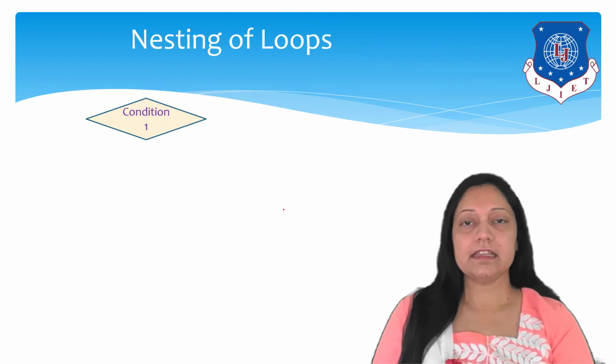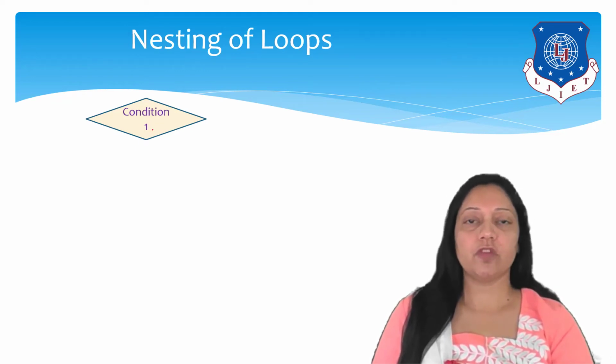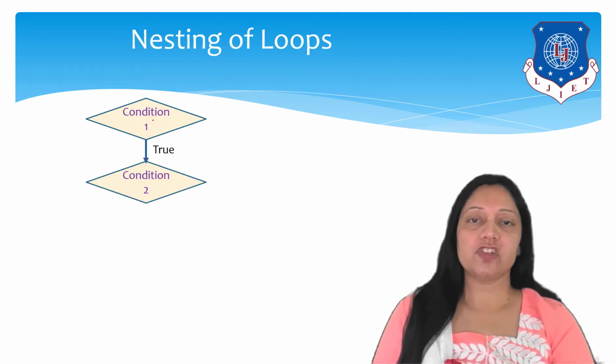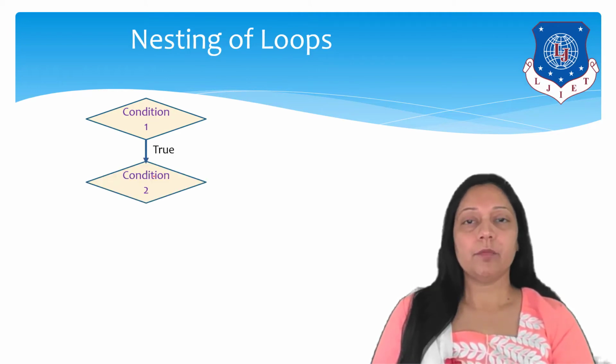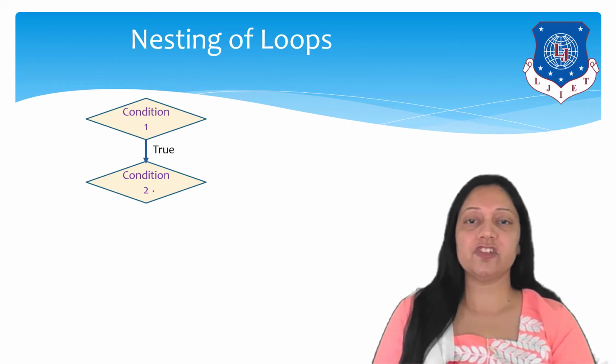Now let's understand the execution of the outer loop using a flowchart. First, the condition of the outer loop is checked, that is condition 1. If this condition is true, then the compiler will come to the inner loop. It would initialize the loop variable and then check the condition of the inner loop, that is condition 2.